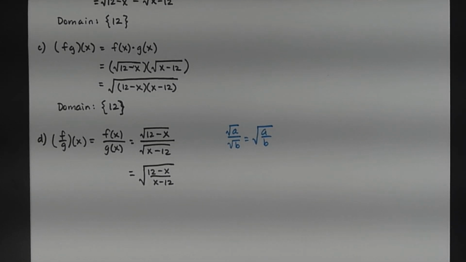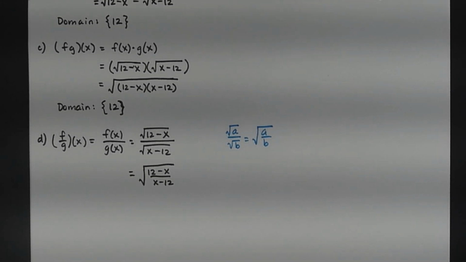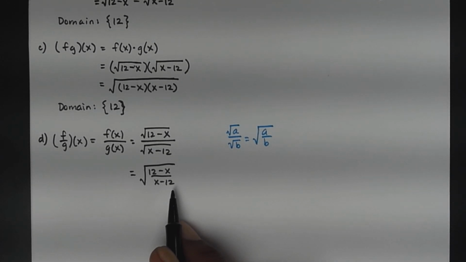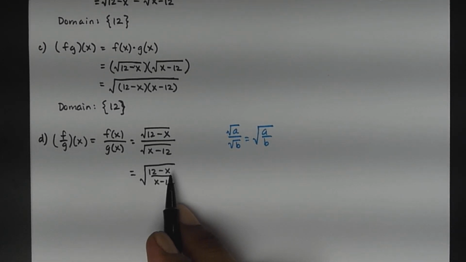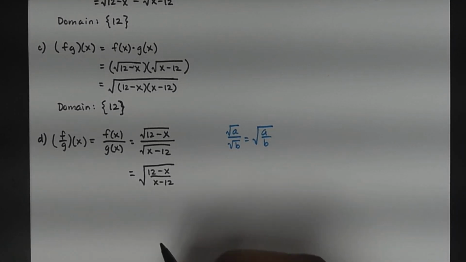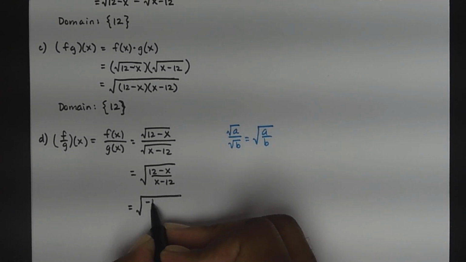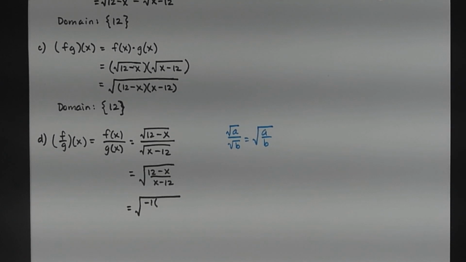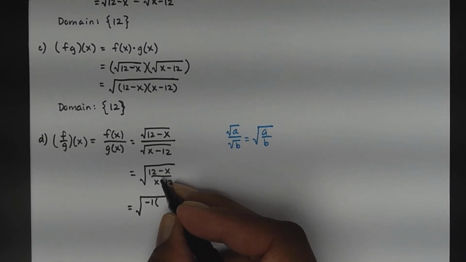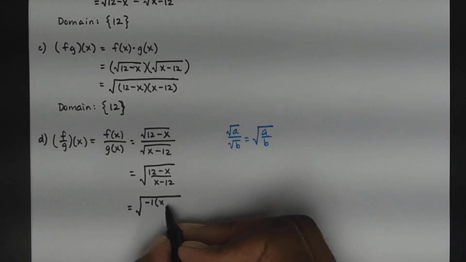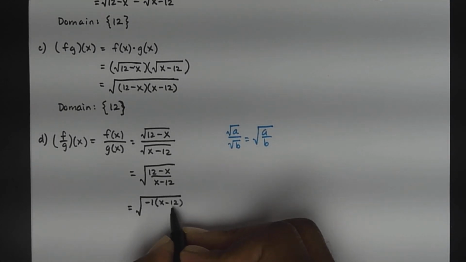Now I'm going to simplify what's underneath that square root symbol. Notice I got 12 minus x, and then in the denominator I got x minus 12. Well, if I want to make 12 minus x into x minus 12, I can factor out negative 1. When I do that, minus x divided by negative 1 will make that an x. 12 divided by negative 1 would be minus 12.